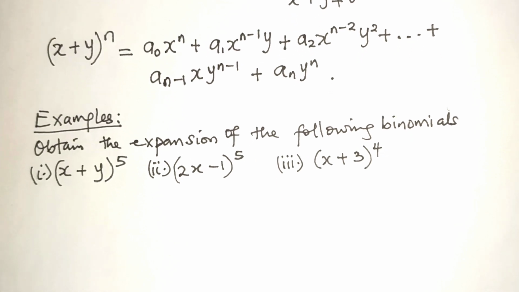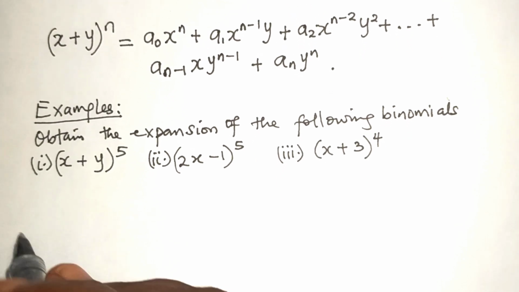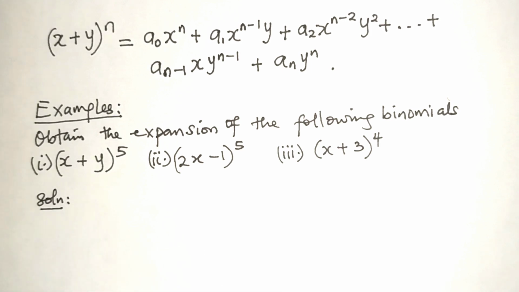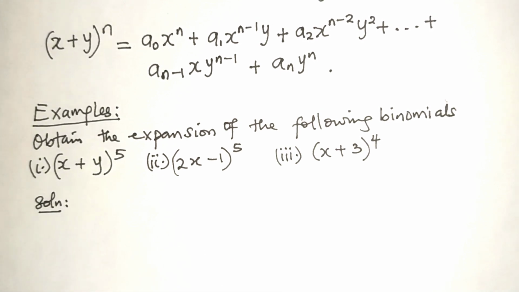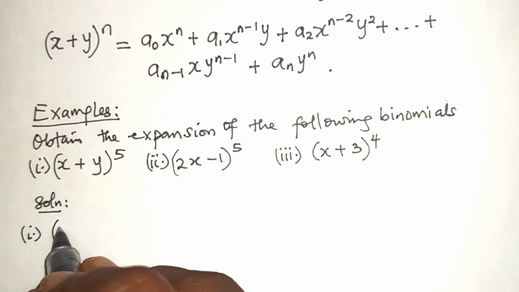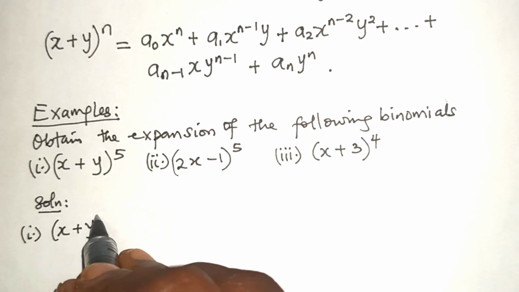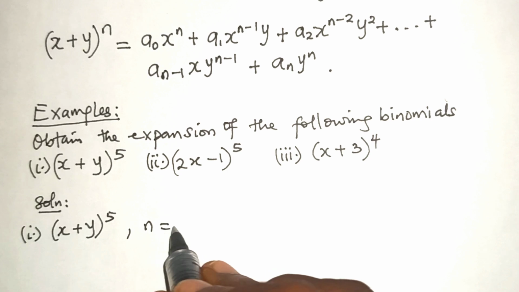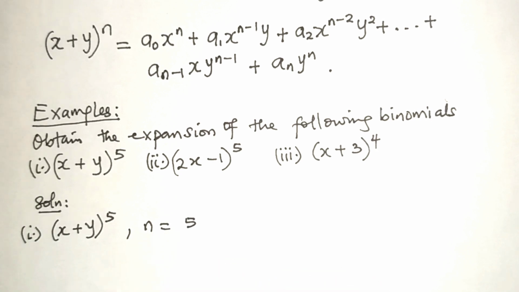Now, let's head back to the solution. The first expansion we have is the expansion of (x + y)^5. Here, n is equal to 5.